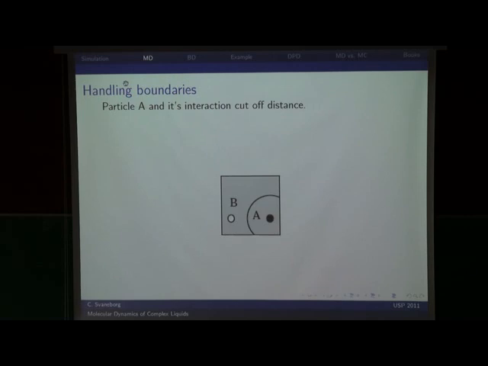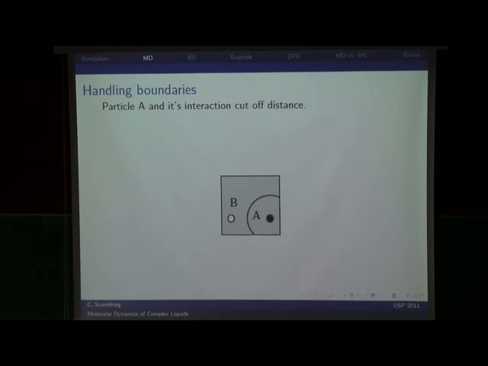But we have to think a bit more. If I have a system here, we have a particle A, and that particle has a certain cutoff distance of its interaction. We have a particle B over here. How should we treat the boundary of our system? Unfortunately, when you do molecular dynamics, all computers are too small, you always want to simulate systems that are much larger than what we can actually simulate.